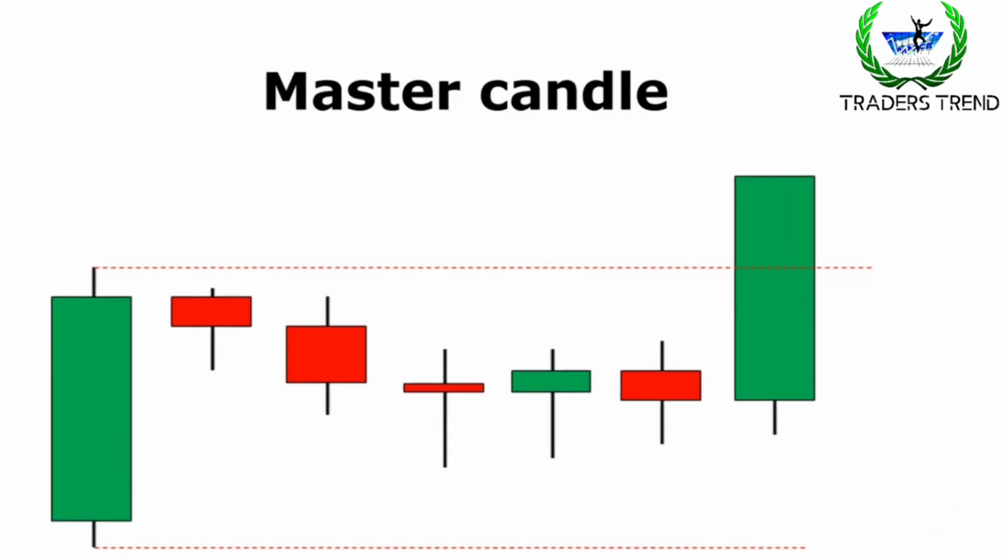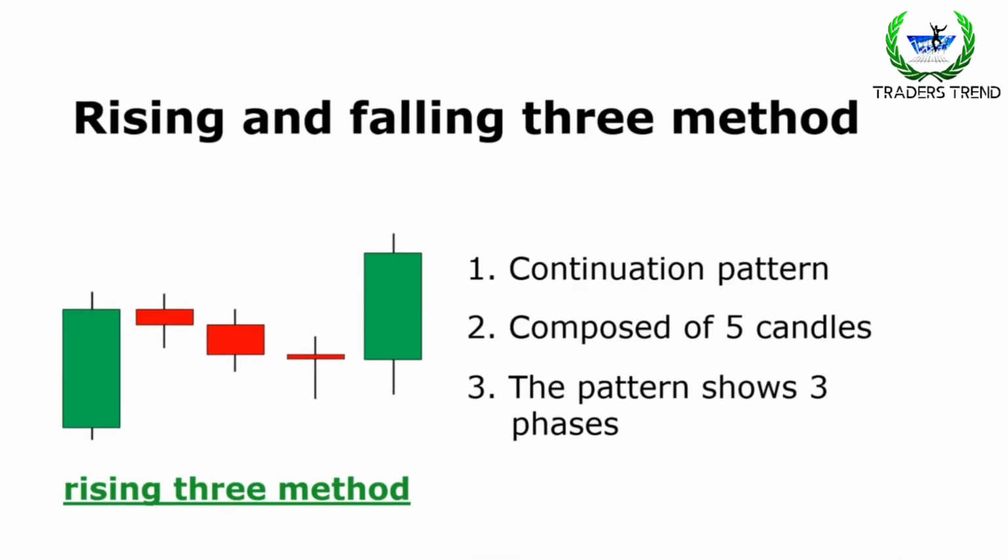Then the rising three methods: the first candle is very high, and then there are small red candles, three red candles, and then the next one is a very big candle. It is a continuation pattern composed of 5 candles, and the pattern shows 3 phases.